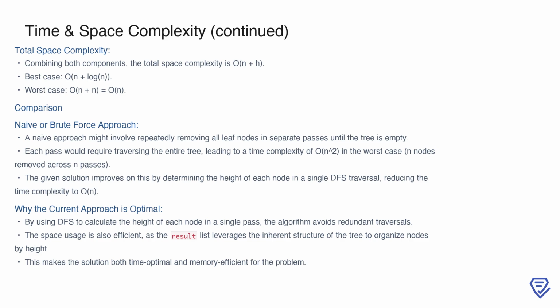A naive method would involve n passes, with each pass traversing the tree, leading to a time complexity of O(n squared). Instead, our approach determines the height of all nodes in a single DFS traversal, reducing the time complexity to O(n). This optimization not only avoids redundant traversals but also efficiently organizes nodes by height in the result list, making the algorithm both time and space optimal.